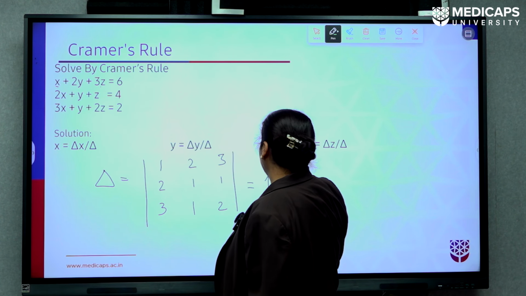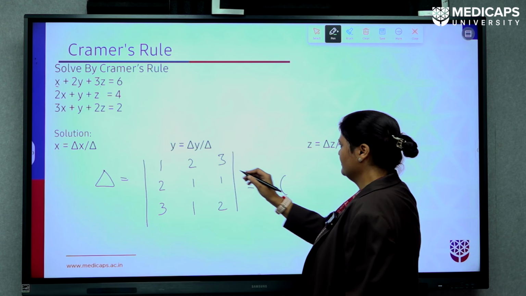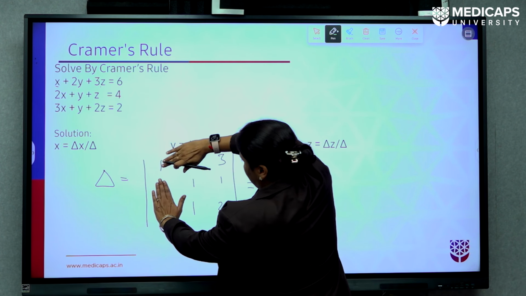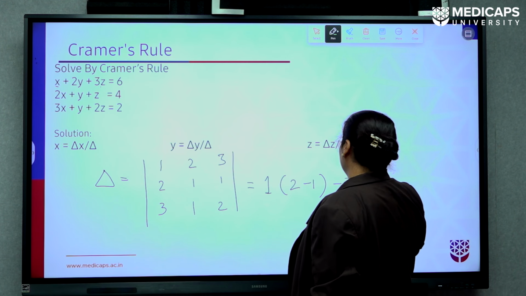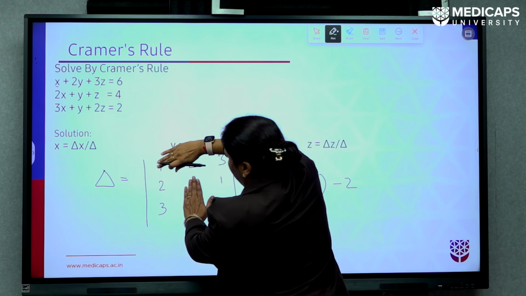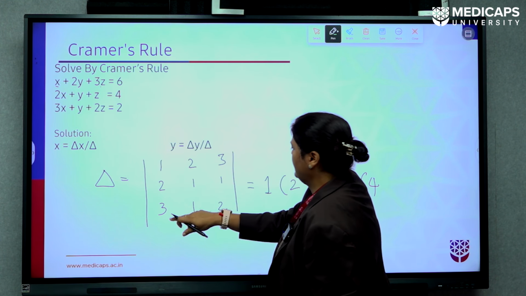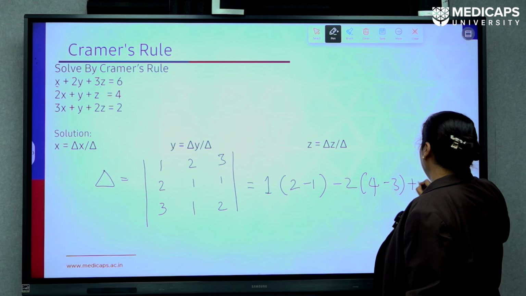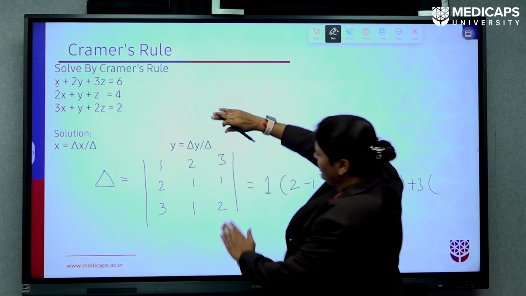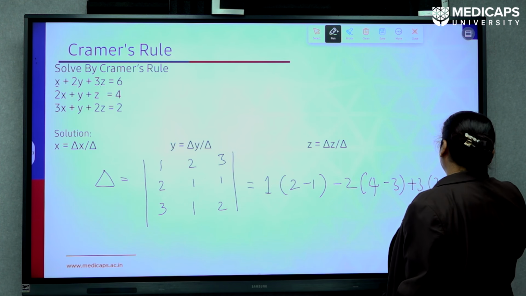Here we are solving this determinant by expanding along the first row. We see this 2 minus 1 minus 2, hiding this row and this column, 2 into 4 and 3 minus 3, and then we have 3 into this column, this 2 minus 3.